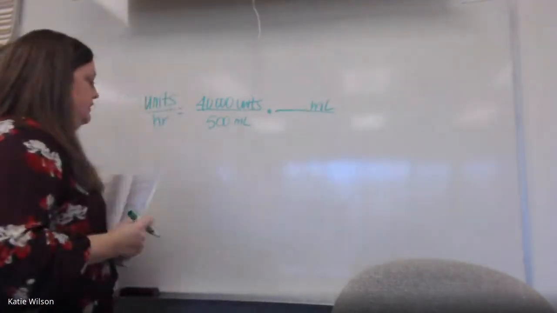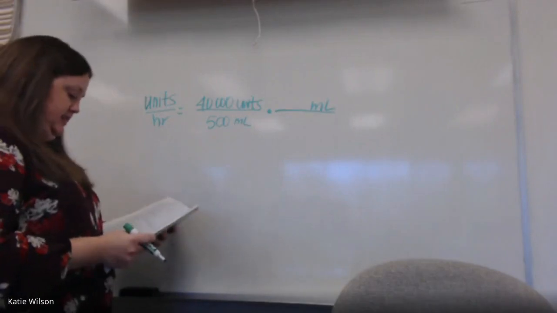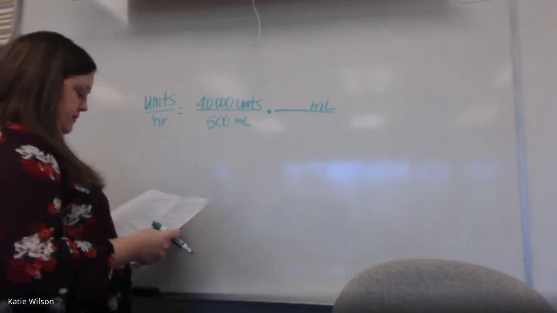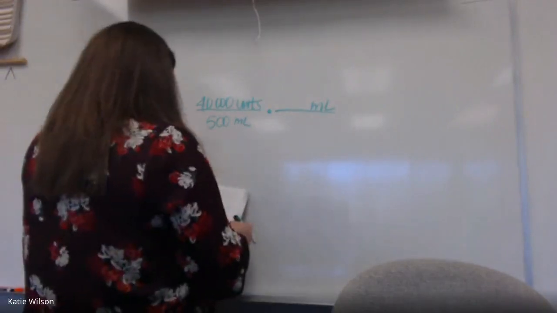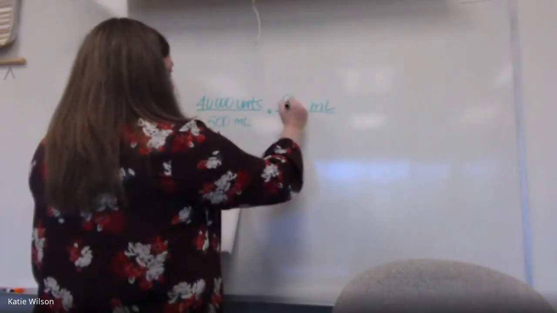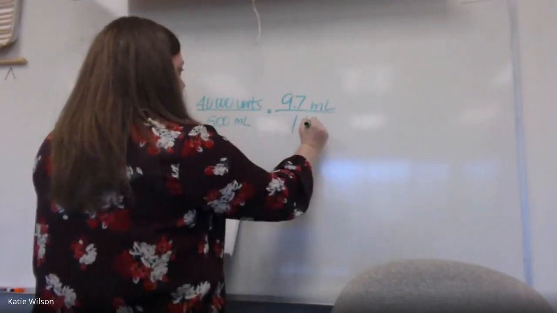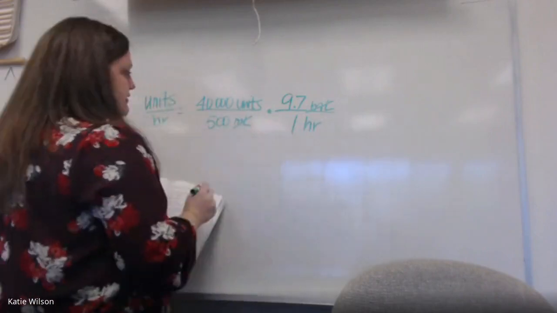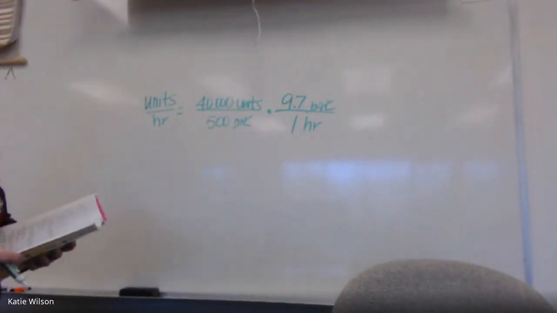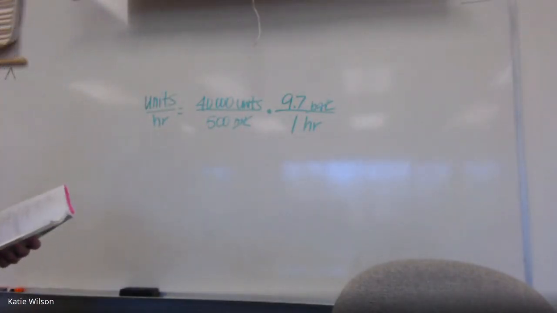Do I know anything else about milliliters to get it canceled out? It's infusing at 9.7 milliliters per hour. That gets rid of milliliters. I've got units on top, hours on bottom. What else do I need in there? That's it.